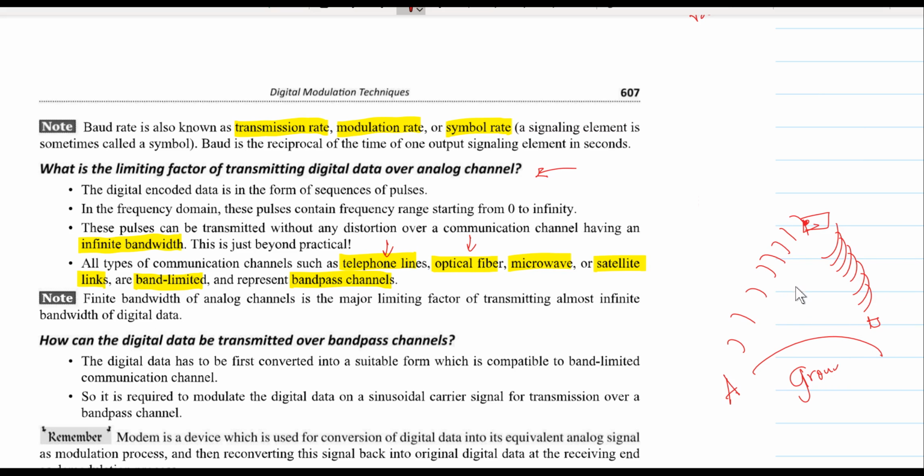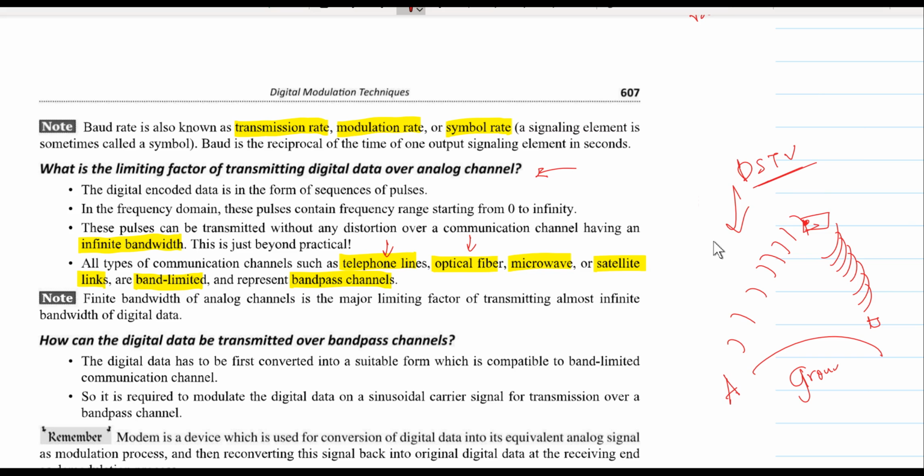I think the best example for this one is DSTV. Some of you might be very conversant with the concept of DSTV. They use satellite to transmit their signals for video or streaming. So we say that all these have limitation on the bandwidth. So how much spectral quantity can one channel occupy?